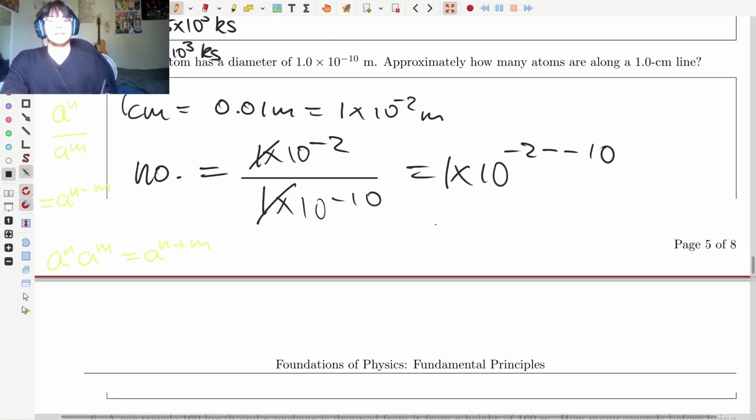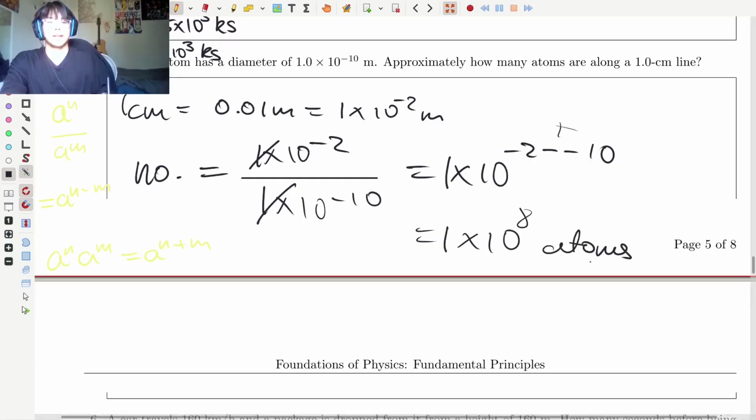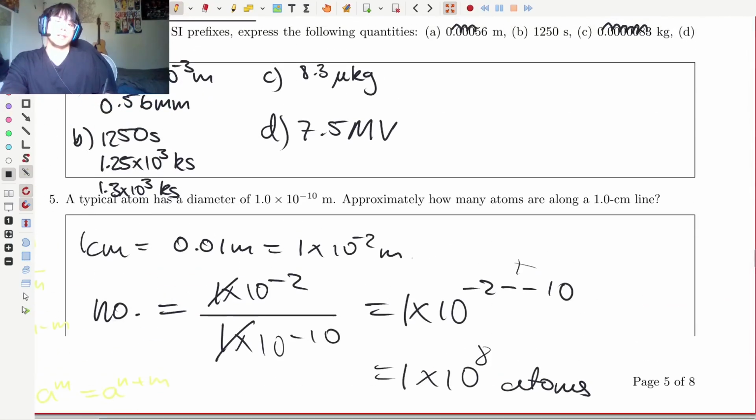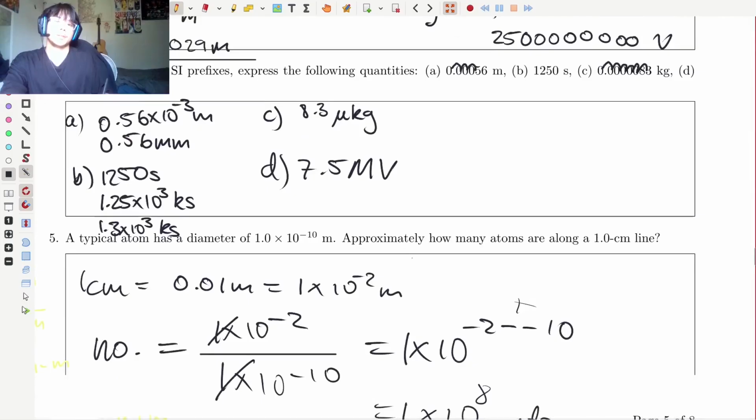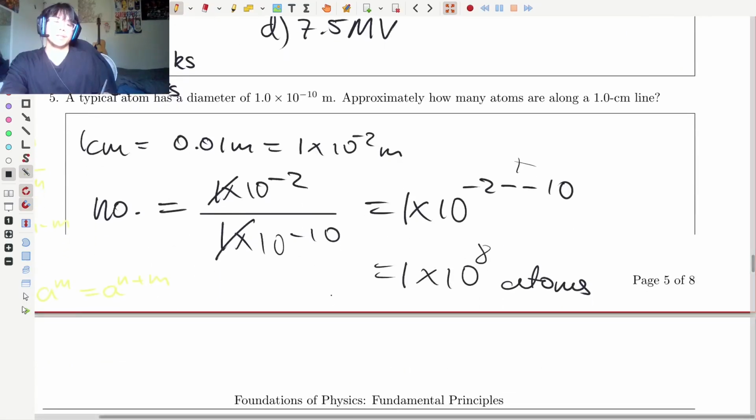So then this is equal to 1 times 10 to the minus 2 plus 10, times 10 to the 8 atoms, or you can say it's 100 million atoms.